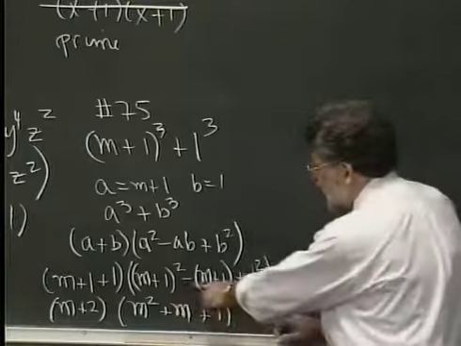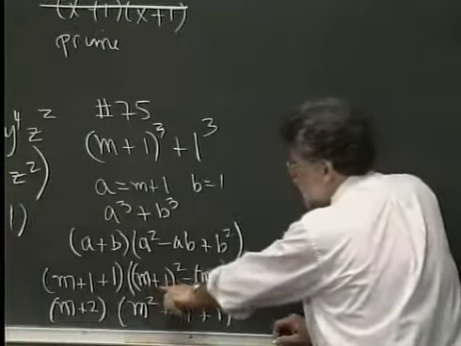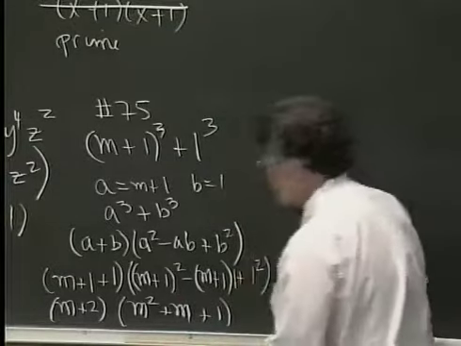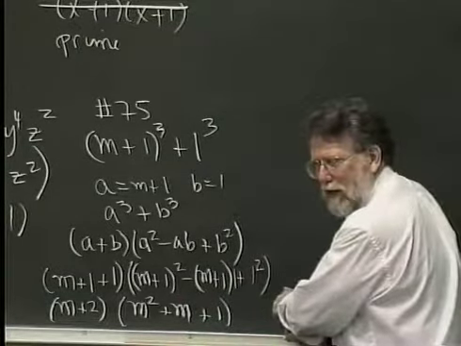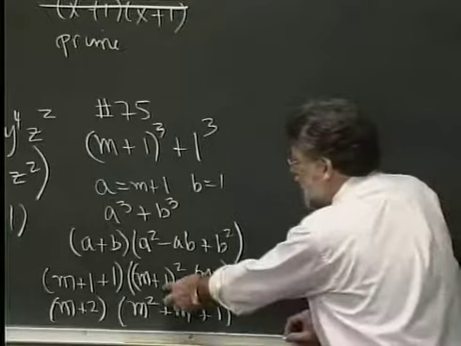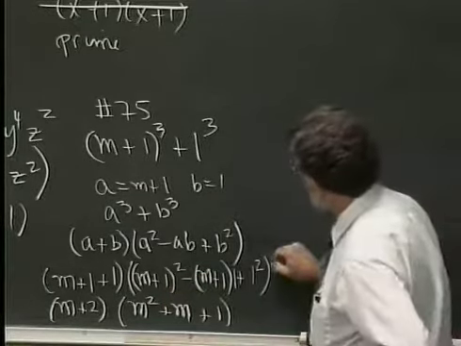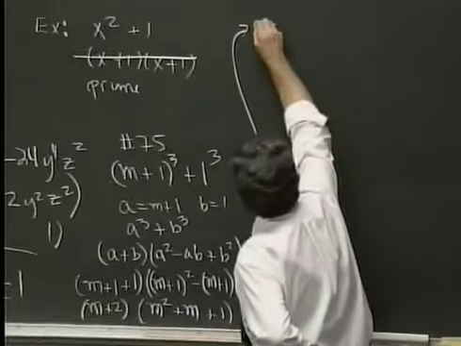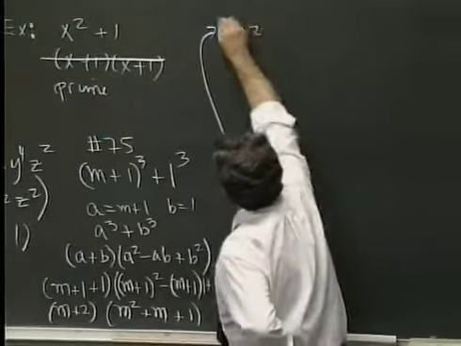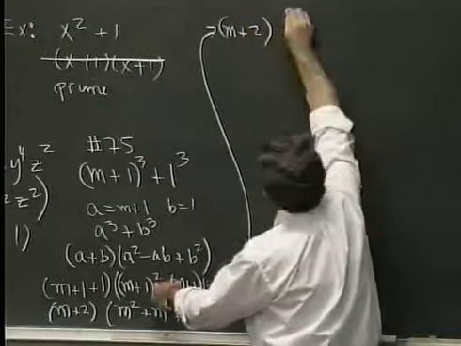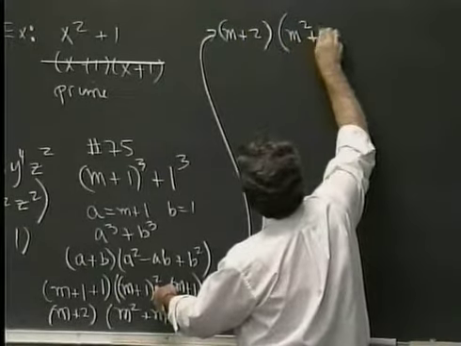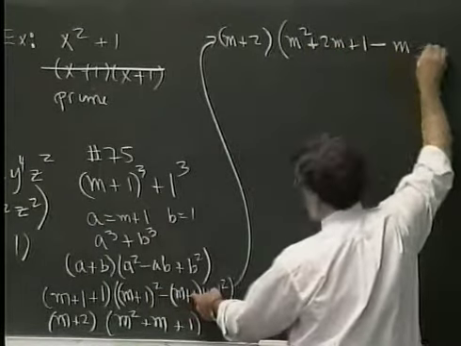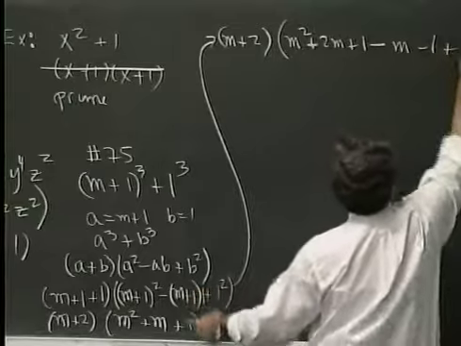They are. It is to here. Right. Here's your m plus 1 quantity squared, and then minus m plus 1 times 1 plus 1 squared. But then when I take this, I will take time to do that. I have m plus 2. Now I'm going to take this and expand it. So it's m squared plus 2m plus 1 minus m minus 1 plus 1.